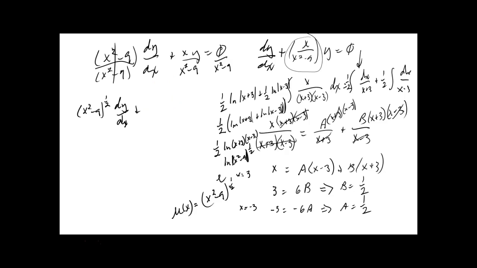It's the square root of x squared minus 9 in the numerator. In the denominator you have x squared minus 9, so this gives you an x times x squared minus 9 to the minus 1/2. I chose to write it that way. Times y, and that's equal to 0. Okay? Is that too confusing? I skipped a couple steps in there.